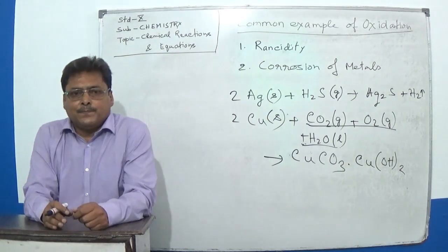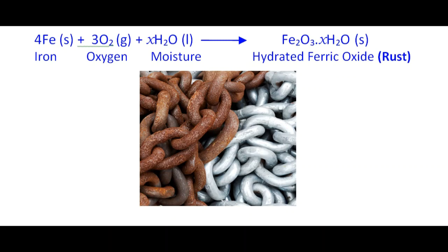Look at them. This is the most common example from everyday life of metal corrosion. Here you see iron is rusted, how it happens. 4 molecules of iron, when exposed to the open air, react with 3 molecules of oxygen and X number of molecules of water as moisture present in the air, and all together they react to form hydrated ferric oxide.